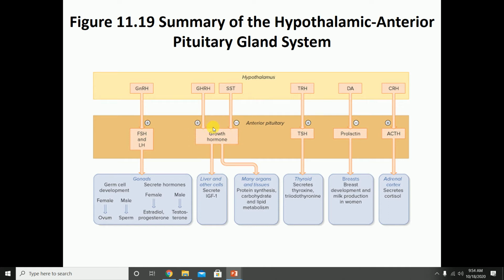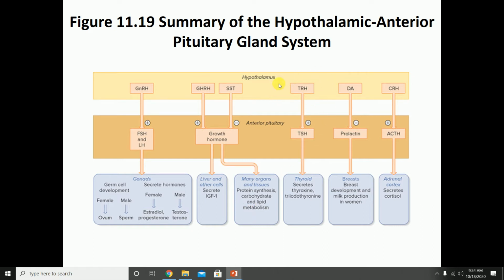If growth hormone is stimulated, it will reach its target cells, for example, the liver cells, to secrete IGF-1, and we'll talk about that more in detail later. Or it'll go to other tissues in order to increase protein synthesis and to affect carbohydrate and lipid metabolism.